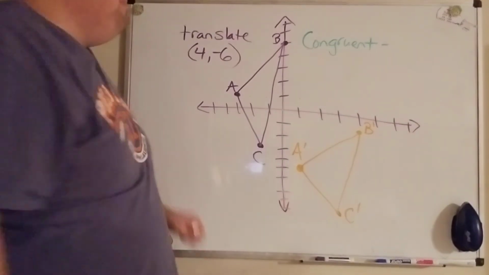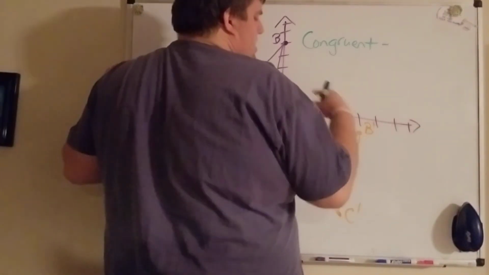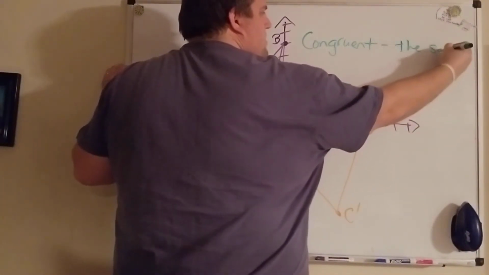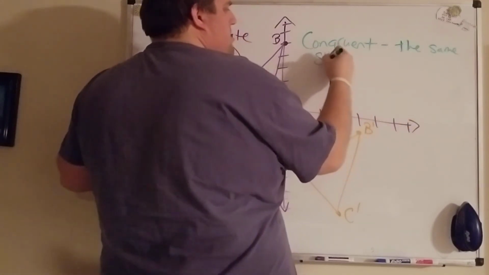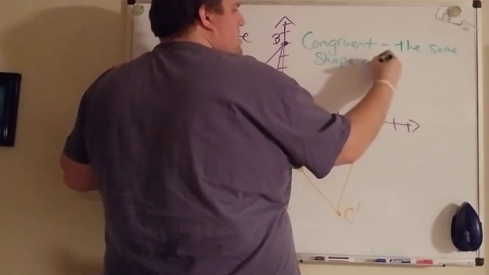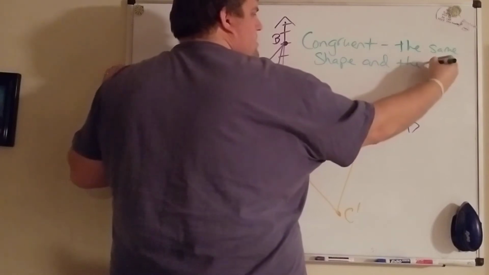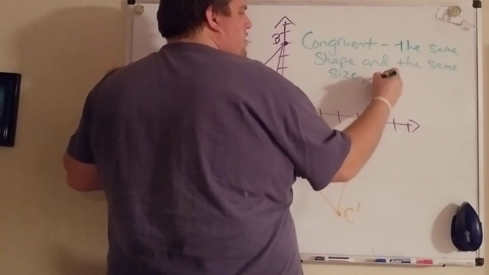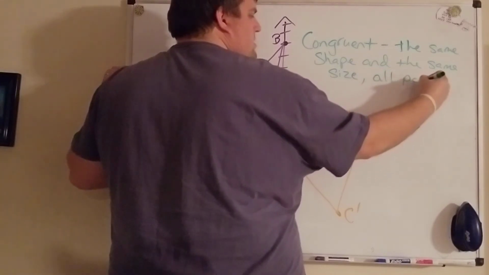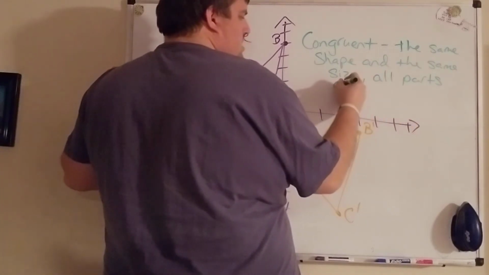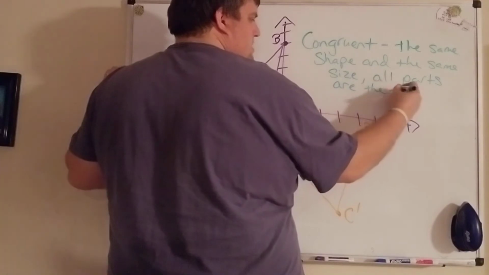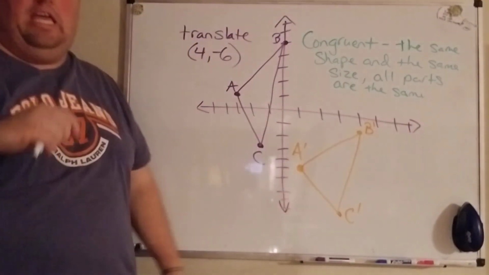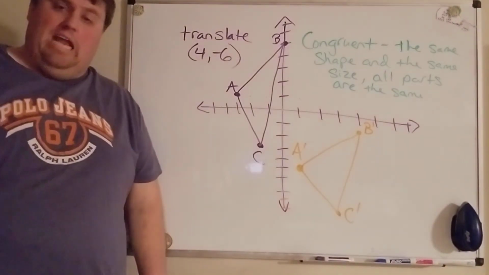So basically, these two triangles are the same shape and the same size. All parts are the same.